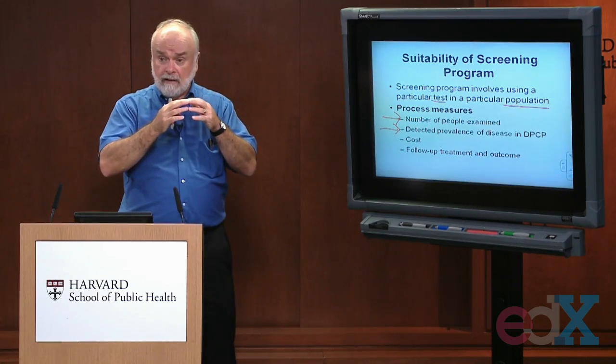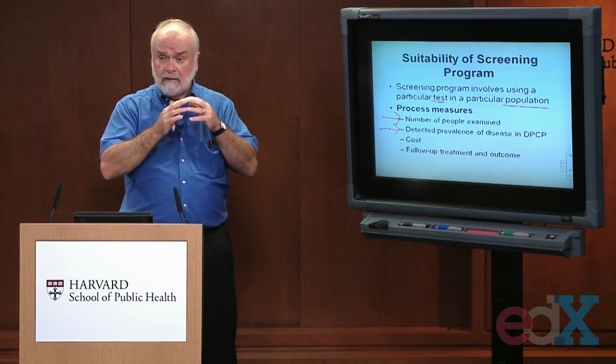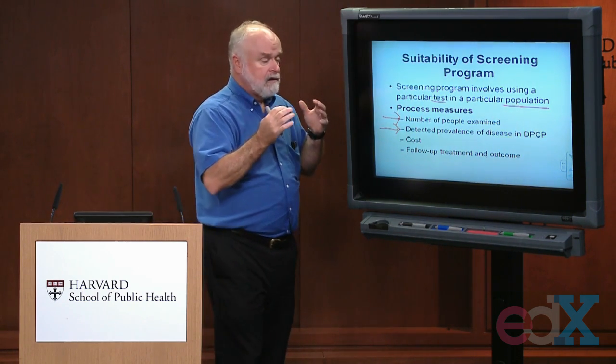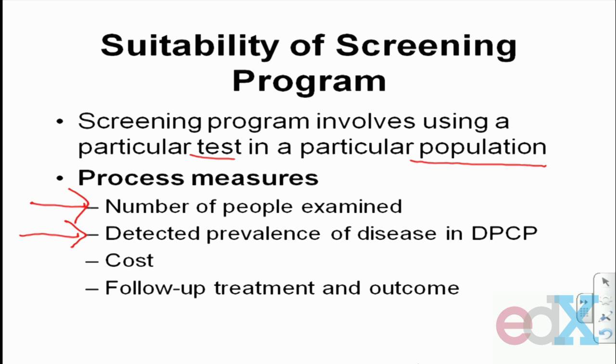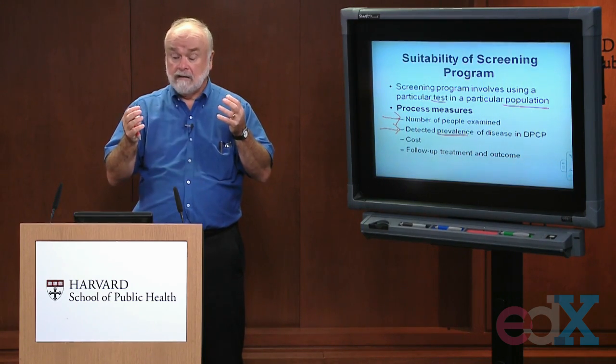Those are the benefits of the screening program, to detect cases of disease earlier. So counting the number of cases is going to be very valuable. Now, that number is going to depend on how much disease exists in the population being screened, how much detectable preclinical breast cancer exists in this population. That's going to be a determinant of how many cases I detect.